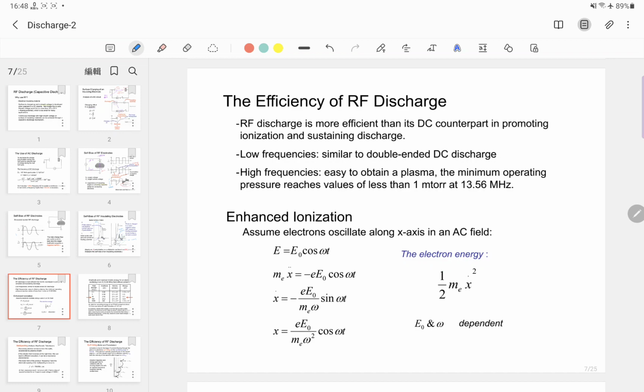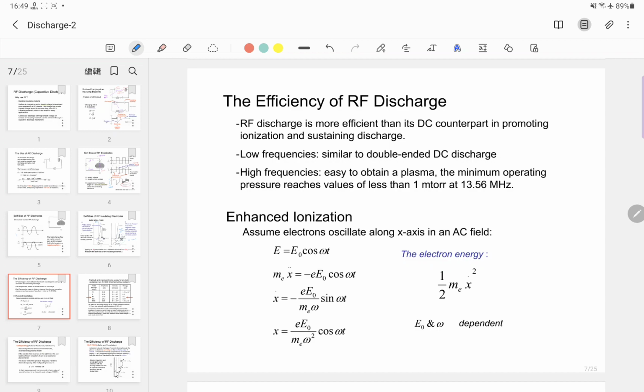And for a low frequency RF power supply, the behavior of the RF discharge is similar to the double-ended DC discharge. Okay. And for high frequency RF discharge, the function of the self-bias starts working, and then one can generate plasma easily.